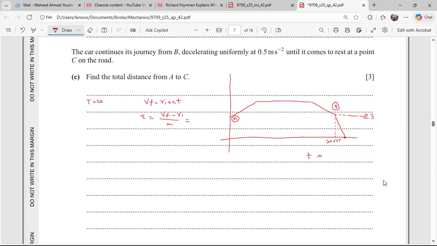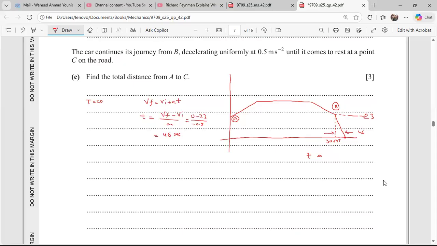So final speed is 0, initial speed is 23, and acceleration was minus 0.5. So this will give me 46. Basically, this time is 46 seconds.